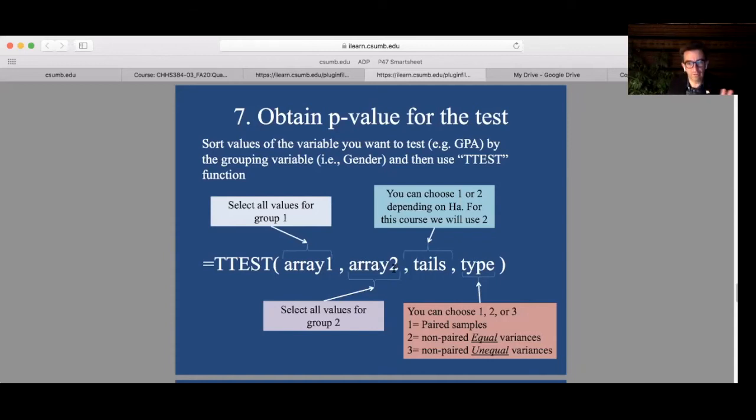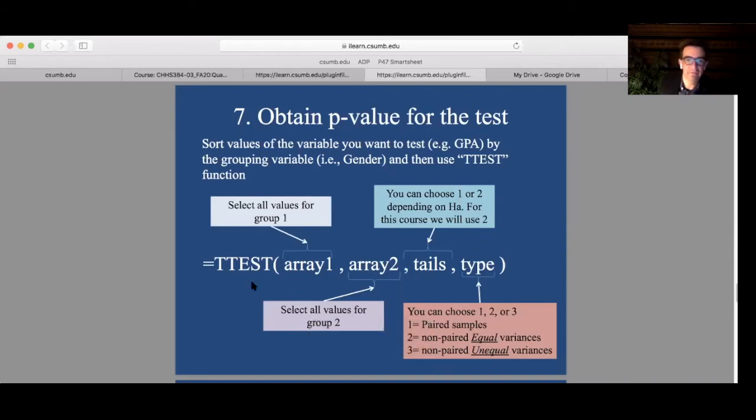These are 2 arrays. Comma, then it's going to ask us, what type of test are you using? 1 tail or 2 tails? And we're using 2 tails. So we're going to put a 2 here. And then it's going to ask us, what type of t-test are you using? A 1 paired samples, 2 non-paired equal variances, or 3 non-paired unequal variances.